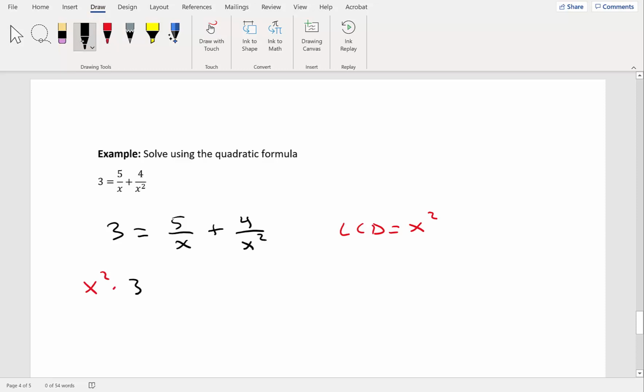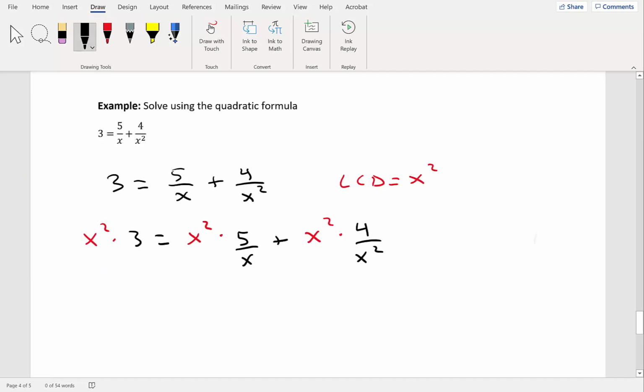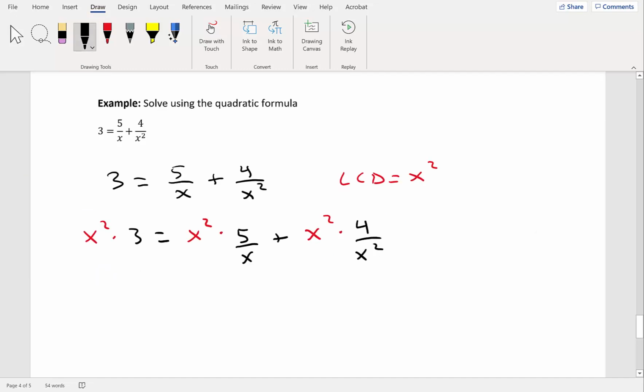We get x squared times 3 is equal to x squared times 5 over x plus x squared times 4 over x squared. So on the left hand side, x squared times 3 gives me 3x squared, and I have equal to.